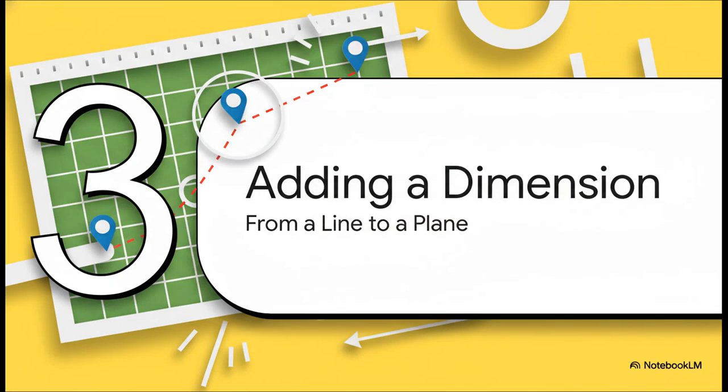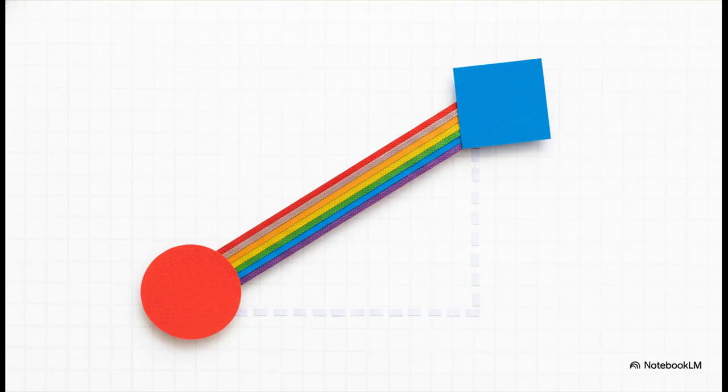Okay, time to level up. Let's move off that simple number line and onto a flat plane, like a map or your computer screen. This is where the magic really starts to happen. Hey, remember that invisible triangle I told you to keep in your head? Well, here it is. The straight line distance between 2 points is literally just the hypotenuse, that's side C, of a right triangle that's formed by how far apart they are horizontally and vertically.